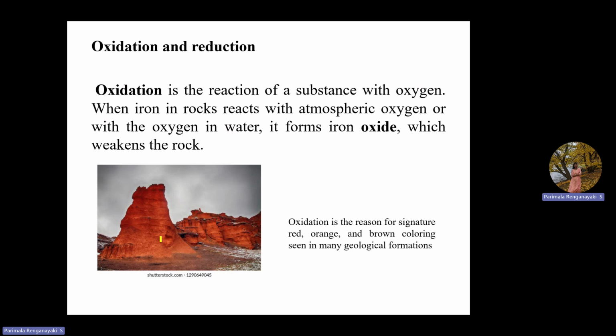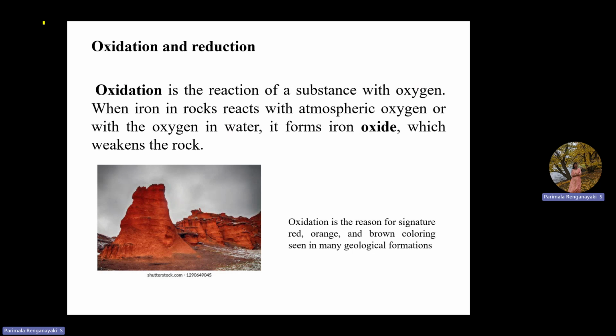So you can see one example from Shutterstock. Oxidation is the reason for the signature red, orange, and brown. If you are seeing any such color in the rock, this may be due to the reaction between the minerals in the rock and the iron, oxygen present in the atmosphere or water.